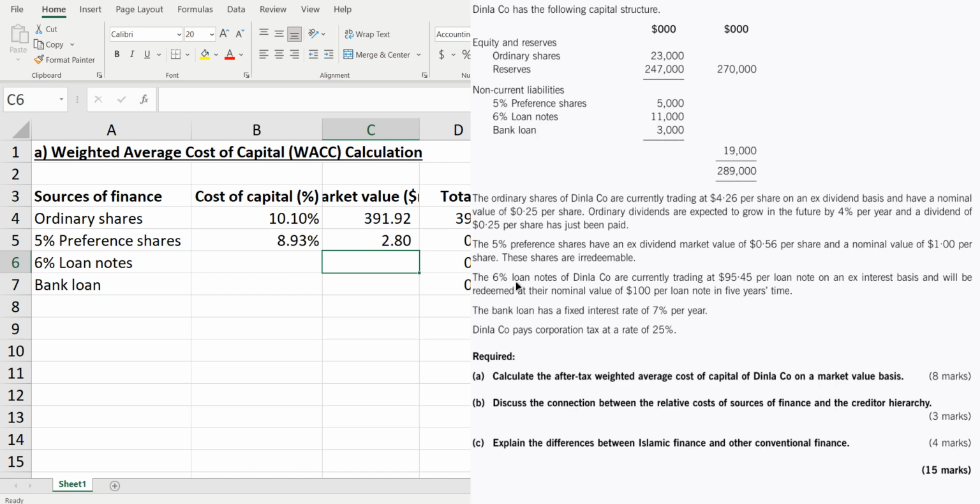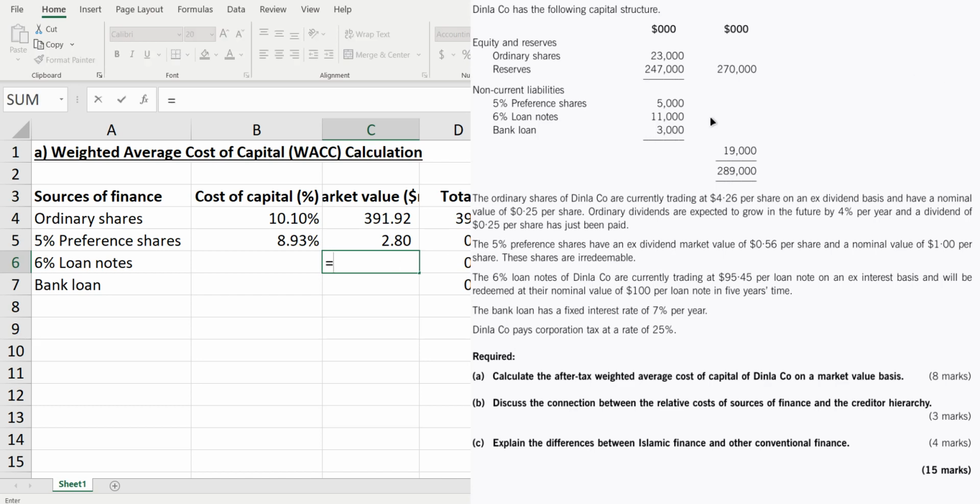Let's read the question. 6% loan notes of Dinla company are currently trading at 95.45 per loan note on an ex interest basis and will be redeemed at the nominal value of $100 per loan note in 5 years' time. So this is not in perpetuity. We will get the nominal value back in 5 years. So let's do the market value first.